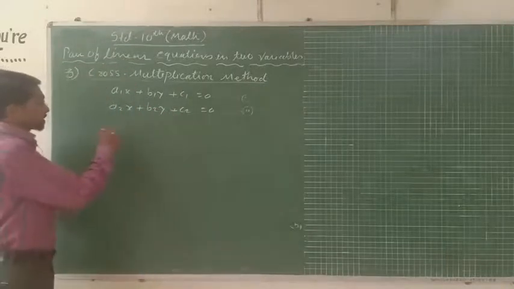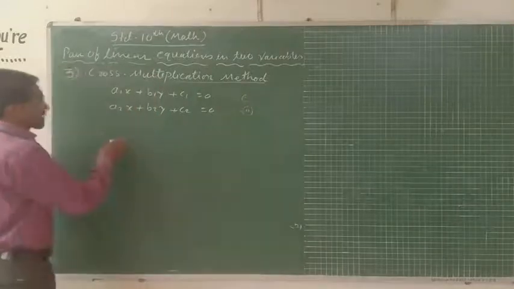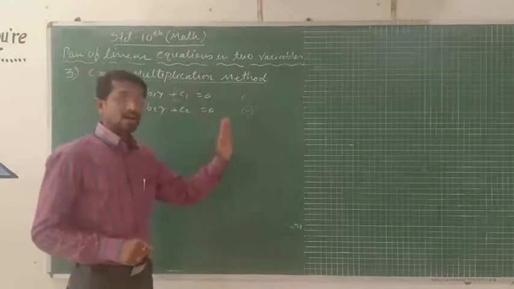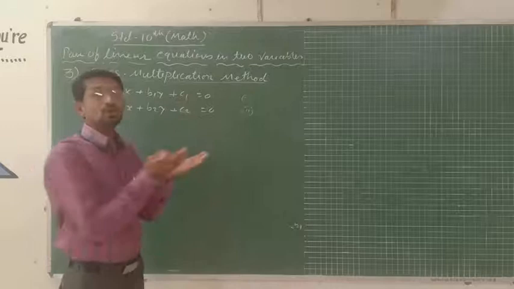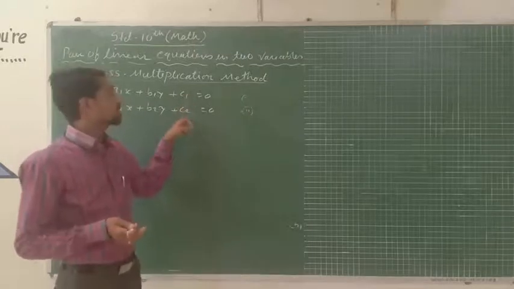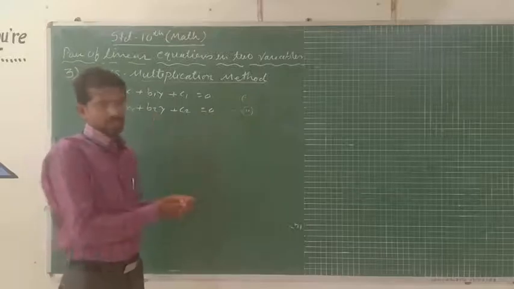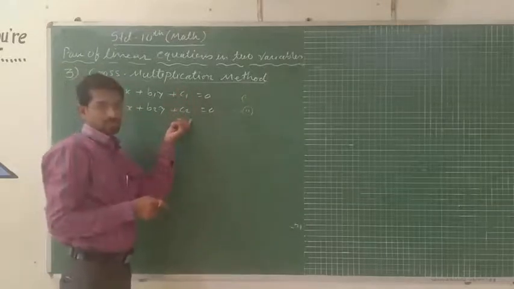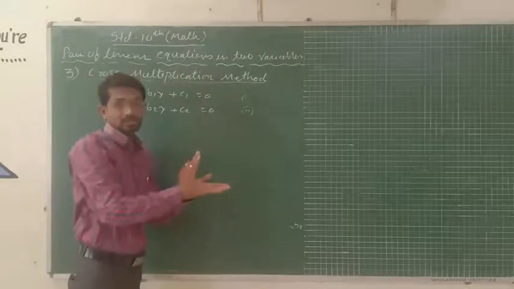Now, when we are using the cross multiplication method, first ensure that both the constants c1 and c2 of the equations are on the same side, either both on the left side or both on the right side.